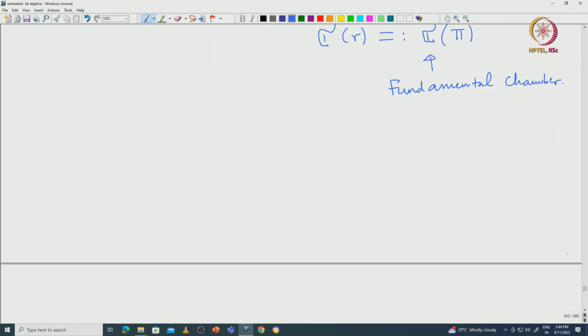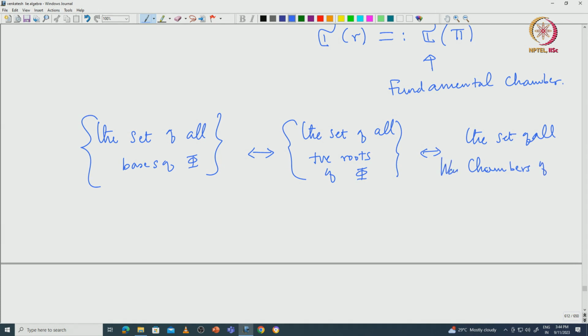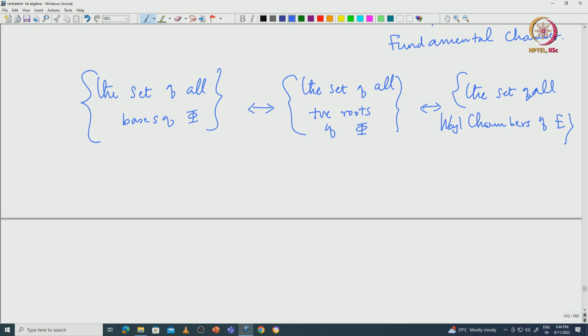So, what we have done now is make a connection between the set of all bases of phi, and from this we have a natural way to go to the set of all positive roots of phi, and from here we can go to the set of all Weyl chambers of E. Note that once phi plus is given, it must contain a unique base.